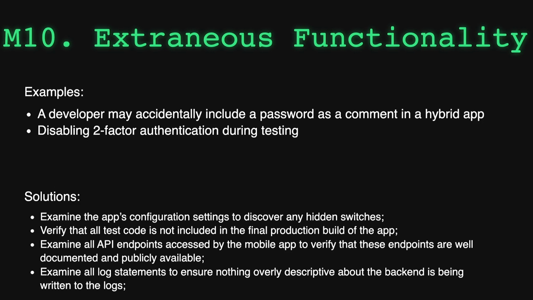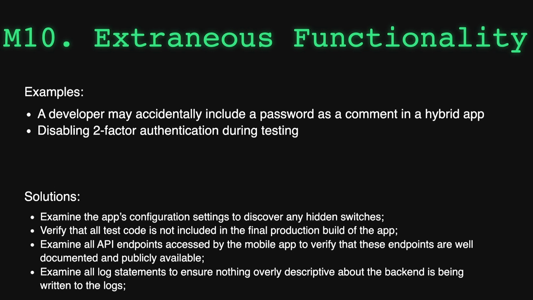The solution here is that you always need to examine the app's configuration settings to discover any hidden switches, or verify that all test code is not included in the final production build of the application. Make sure you're also deleting unwanted and unnecessary comments or functions that are opening these doors to attackers.